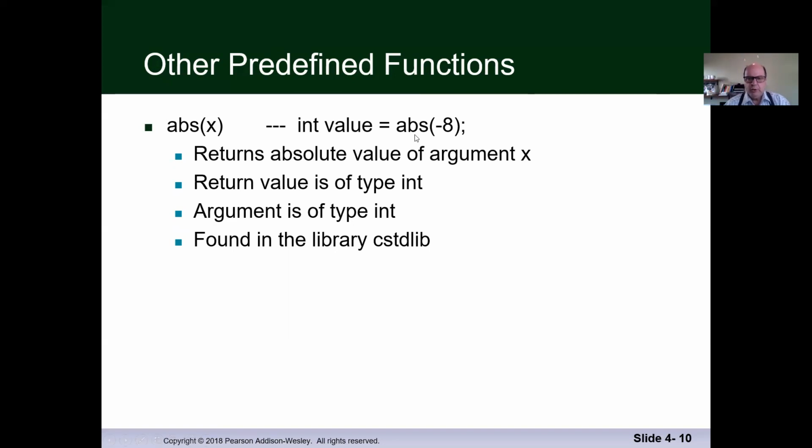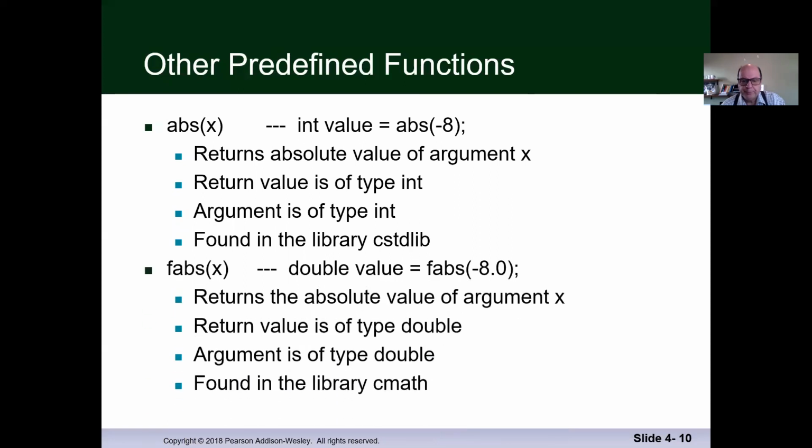The absolute value is going to take an integer and return its absolute value. You might want to say, why do I need that? But we're just going over what we have for our functions. So this abs is for integers, and we have the same thing with fabs, and that's for float.